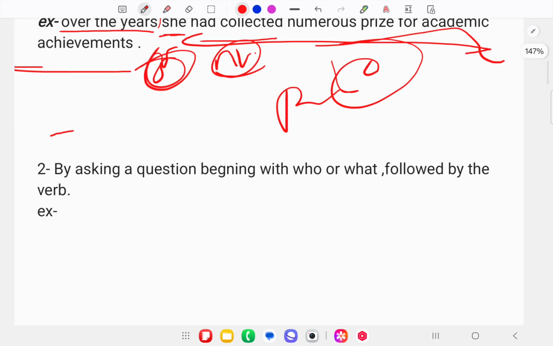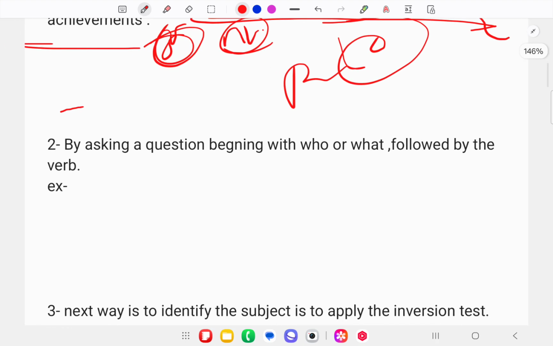Next we have rule number 2. In rule number 2, we identify the subject by asking a question beginning with who or what followed by the verb.